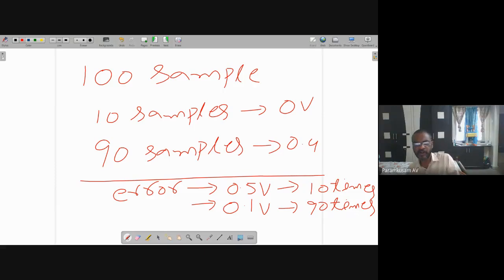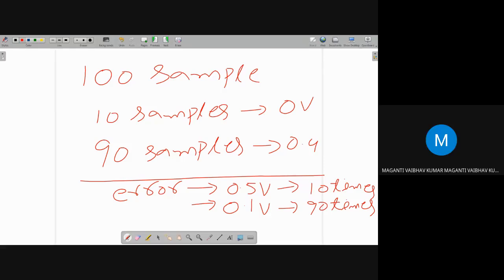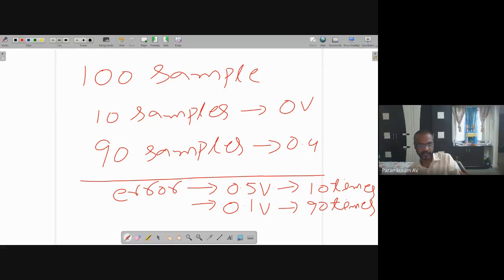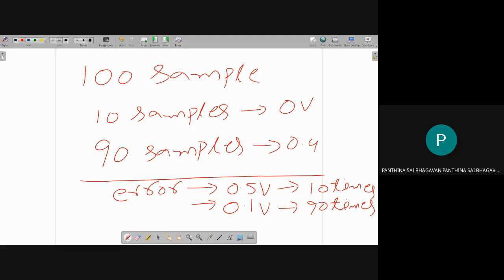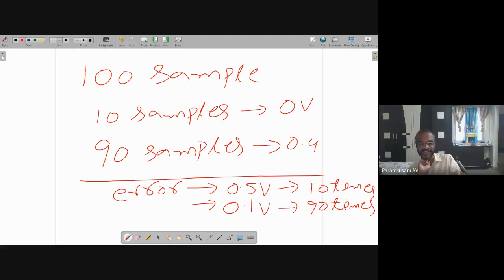What is the probability that the quantization error is 0.5 volts? 0.1, 10%. What is the probability that the quantization error is 0.4 volts? 0.9. Question correct.